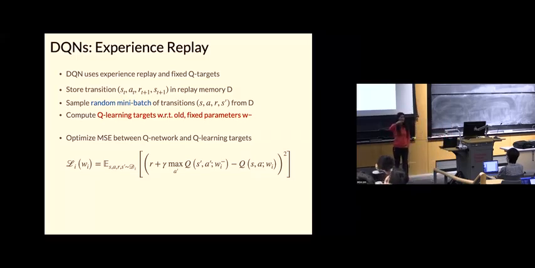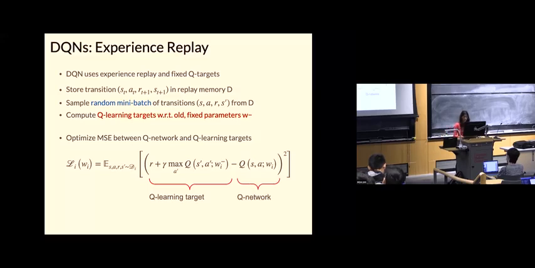And now it's simple to note the iterations of the learning process. So this is the Q learning target, and this is the Q network, okay? And we use stochastic gradient descent. That's all the recipe you need to train those networks. And I think homework 2 will have you train this type of network.